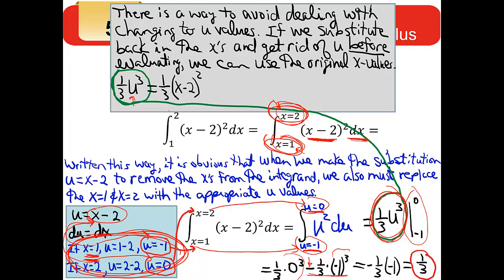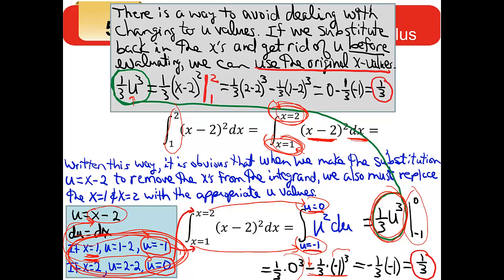And if you do that, you can go back to the original x values and evaluate from 1 to 2 instead of evaluating after we changed before. So that's an option. And if you plug in a 2 and do the calculation, then plug in a 1 and do the calculation and subtract the 2 results, you'll get the same answer. It's just a matter of which you prefer.